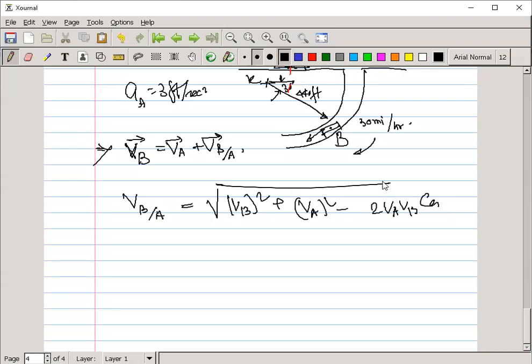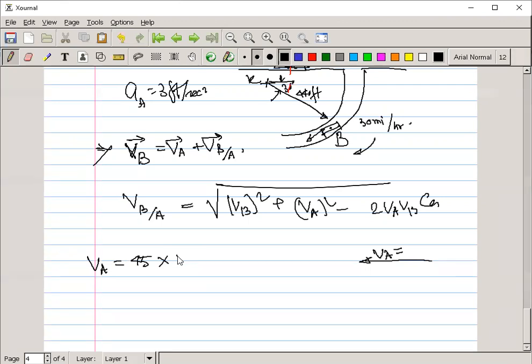And the angle is how much? Let's see how we can define this angle. As per the question, the velocity of car A is given as 45 mile per hour. First convert VA from mile per hour to feet per second.